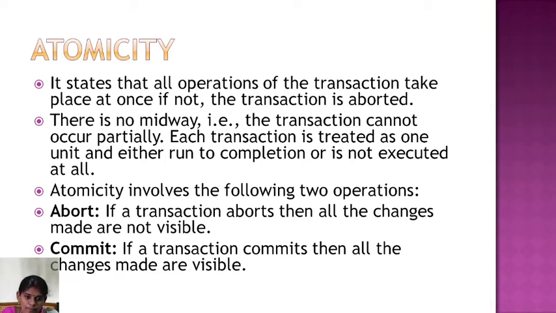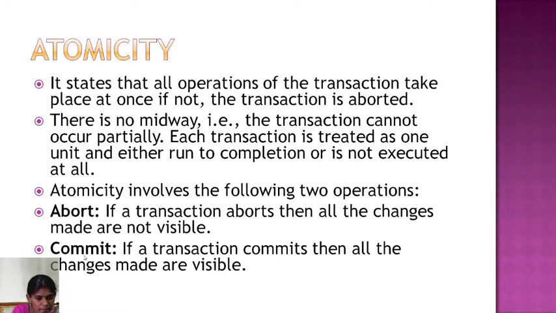If one transaction is completed midway but the other is not, it cannot be updated in the database. So it aborts the operation, so it involves two operations, that is abort and commit. If a transaction aborts, then all the changes are not visible.